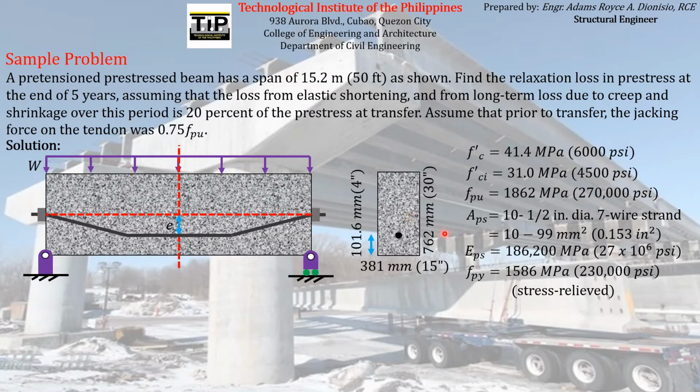So for us to solve for the pre-stress loss due to relaxation, we first need to find the magnitude of the force at transfer, which is usually equal to the jacking force minus the pre-stress losses due to steel stress relaxation.